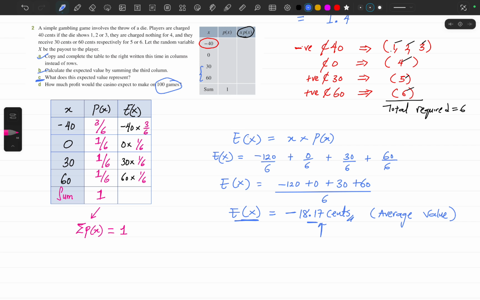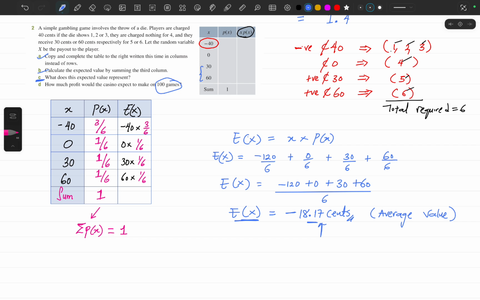That will be the gain that we are calculating for the person who owns the casino. The casino is expected to collect 18.17 cents from each of the 100 people, so he's going to get 100 multiplied by 18.17 cents in total from 100 games. Does this make sense? So that is that.